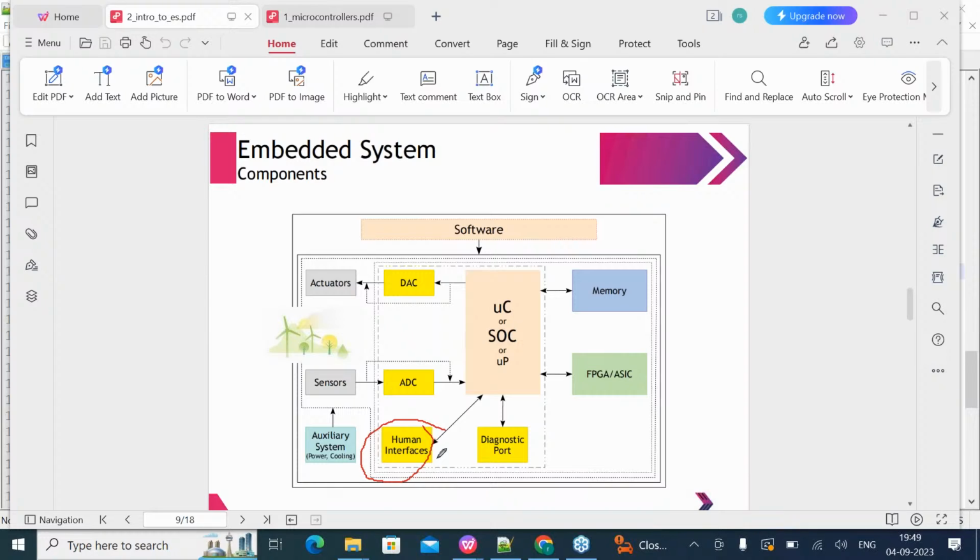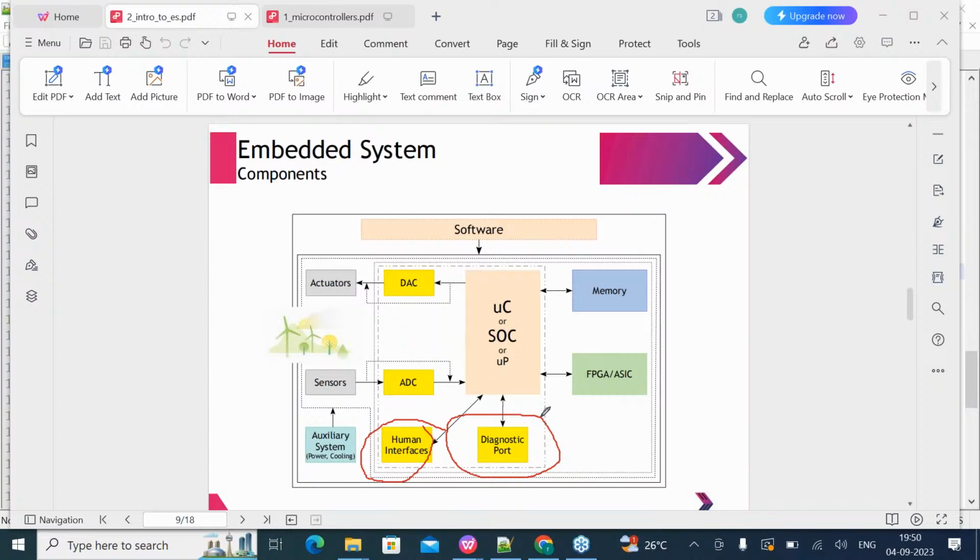Then again, the next component might be the diagnostic port. Nowadays, a lot of embedded systems are coming with a diagnostic port. So what will this diagnostic port do? It will check whether everything is working fine or not, a kind of diagnosis.